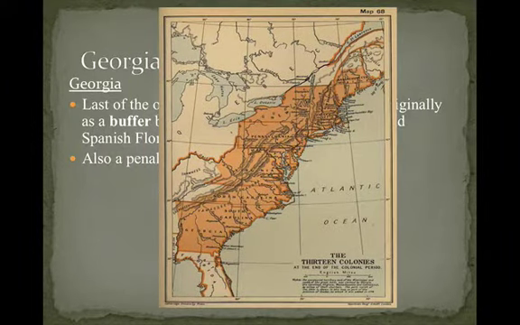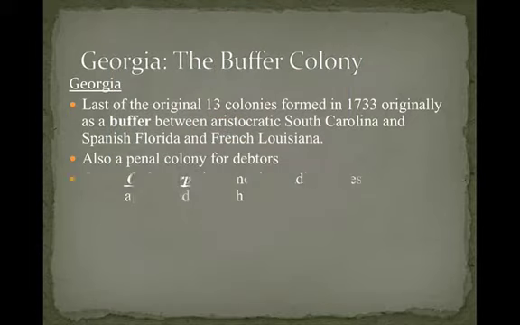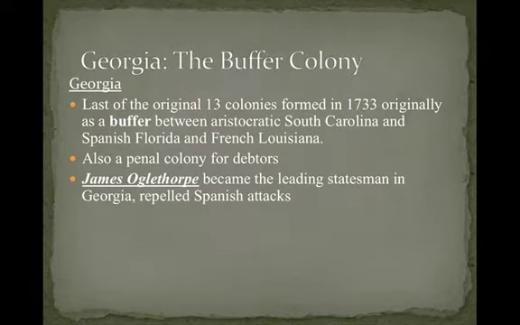So, at this particular time in your textbook, here we have the original 13 colonies and a map of those 13 colonies. In Georgia, we're going to have a significant leader named James Oglethorpe. He's going to become the leading statesman who's going to help repel a lot of these early Spanish attacks.